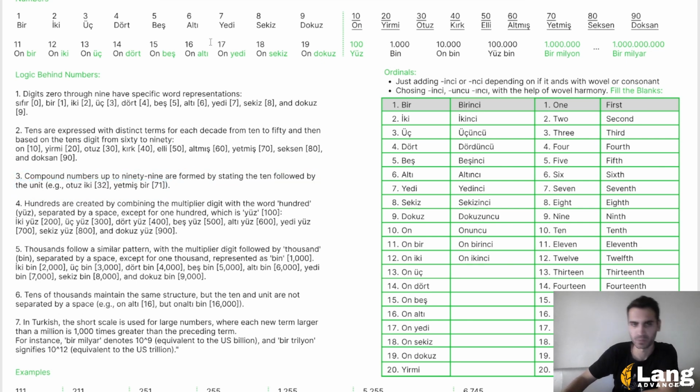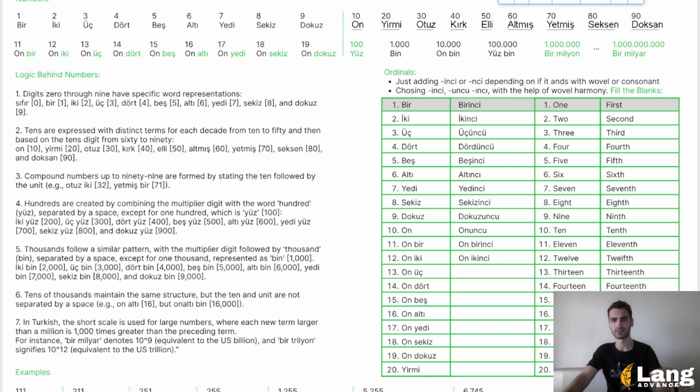The ones on the left side come first, and then we say these parts. 9, 8, 7, 6.